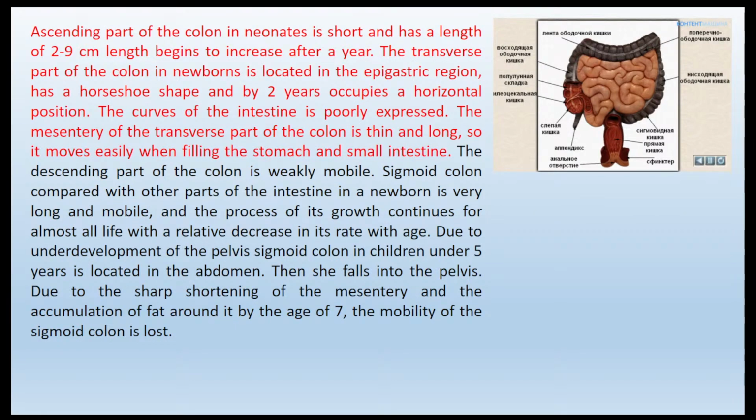The ascending part of the colon in neonates is short, 2 to 9 centimeters, and begins to increase after a year. The transverse part of the colon in the newborn is located in the epigastric region, has a horseshoe shape, and by 2 years occupies a horizontal position.